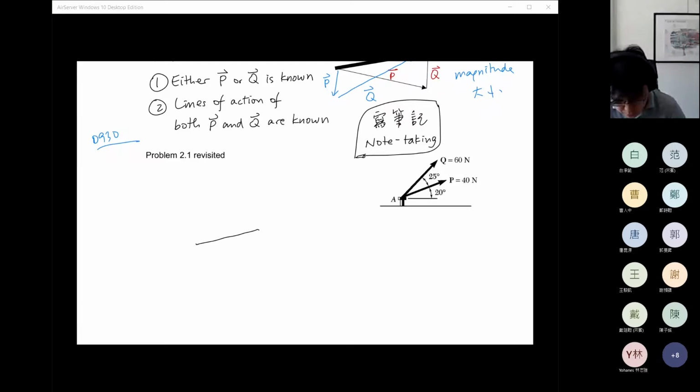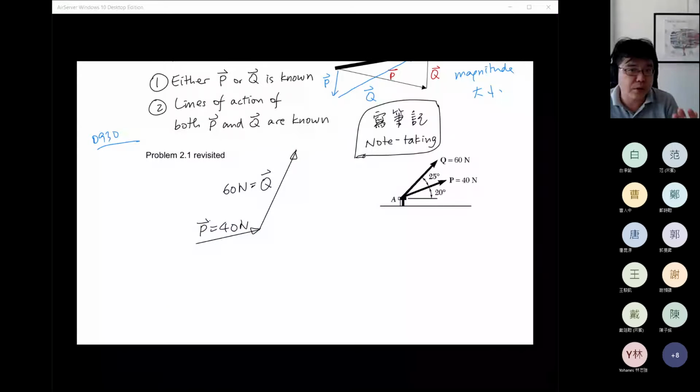We have P here, 14 newtons, and then we have Q, 16 newtons here. Let me draw it here.